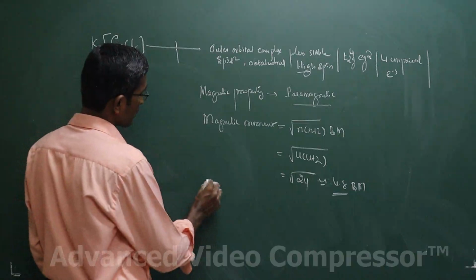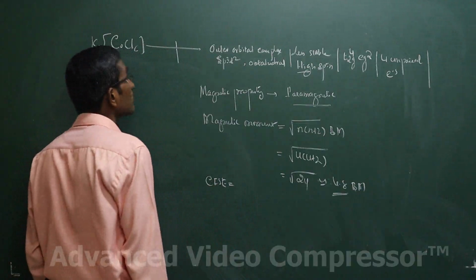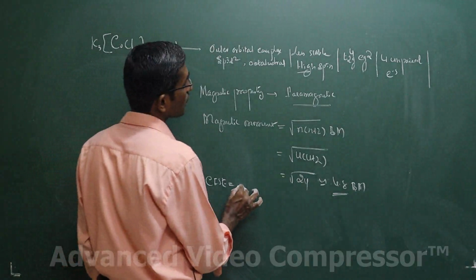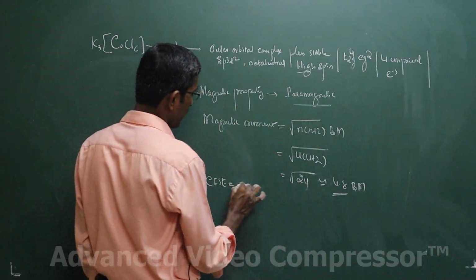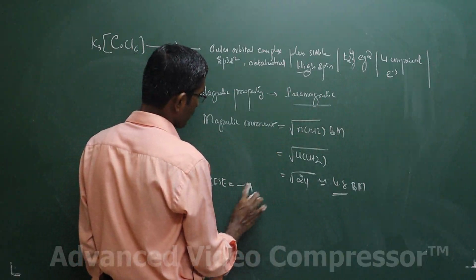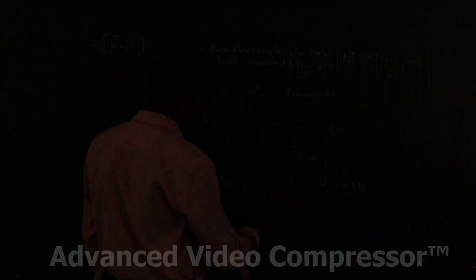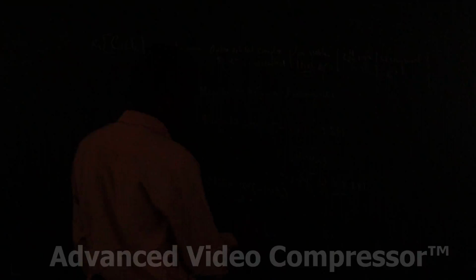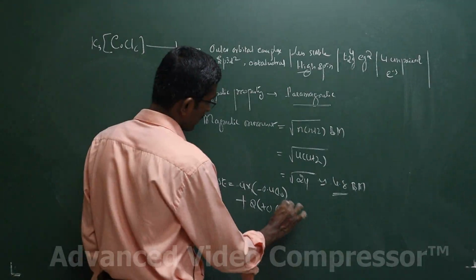The second thing is, can we calculate CFSE for this particular complex? How do you calculate? Each electron going to the lower energy orbital is stabilized. That is 4 into minus 0.4 delta naught plus 2 into plus 0.6 delta naught.